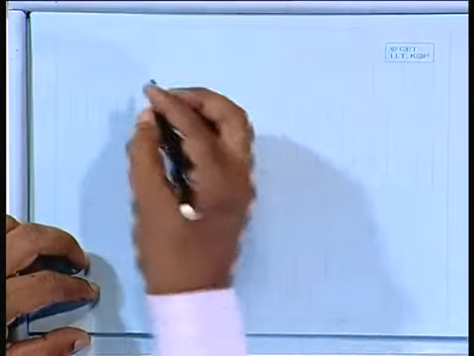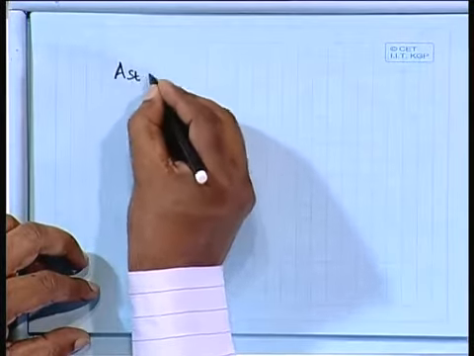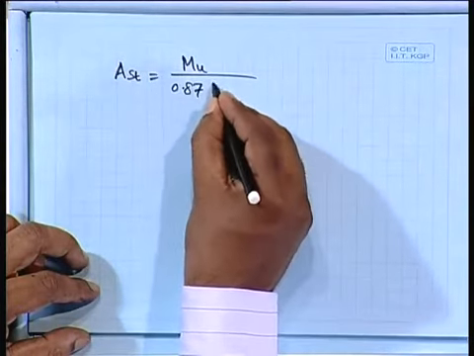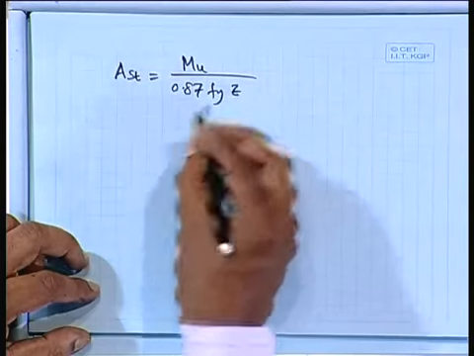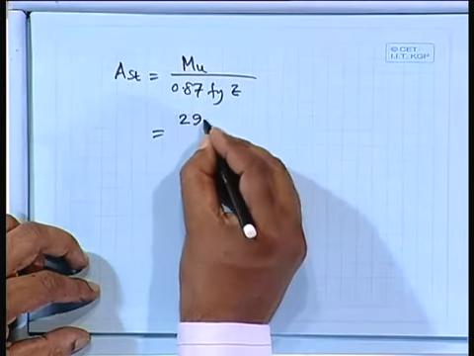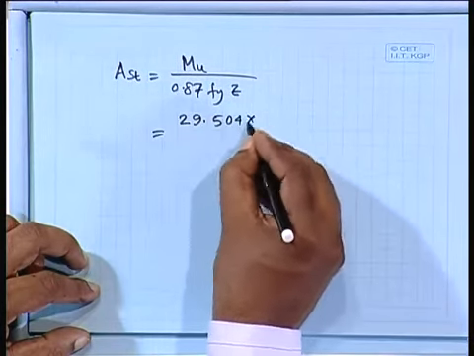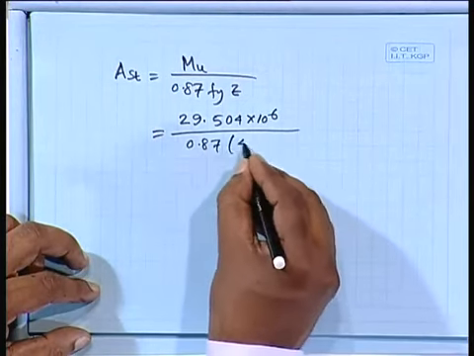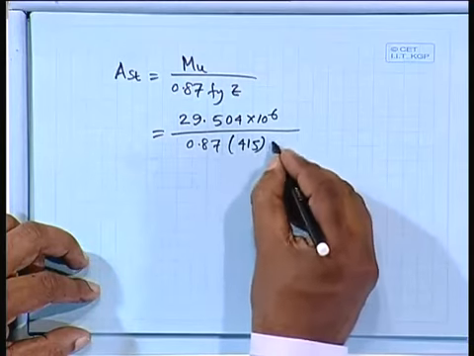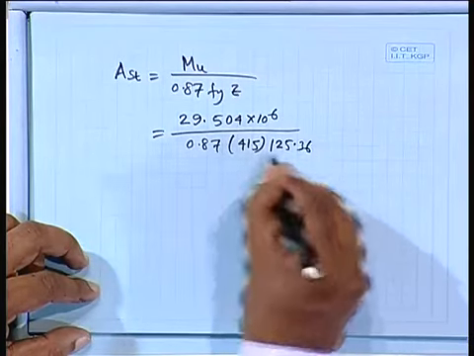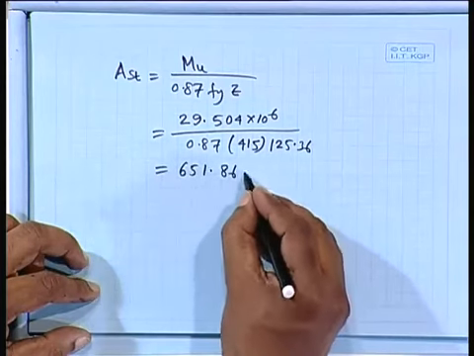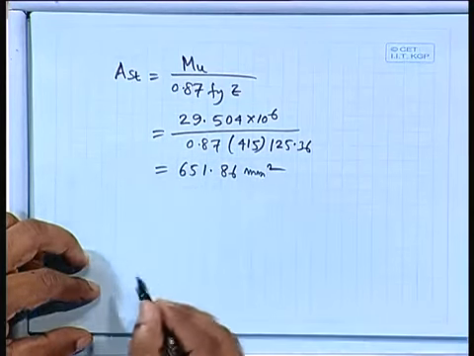So what about the area of steel then? Area of steel will be equal to mu by 0.87 Fy times Z, which comes as 29.504 into 10 to the power 6 divided by 0.87 times 415 times 125.36 equals 651.86 millimeter square.